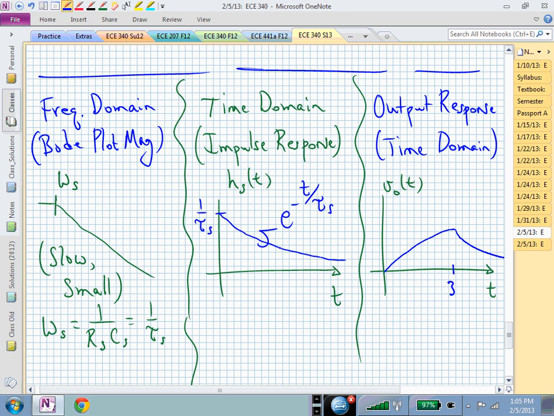And that doesn't look all that much like the original input, does it? But the more our system's impulse response looks like a true impulse function, the more the output is going to look like the input. That's the point I'm trying to make.